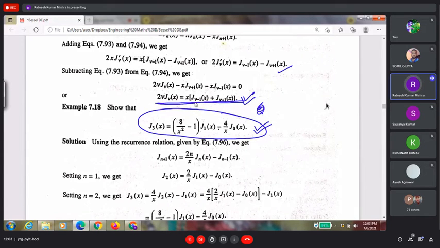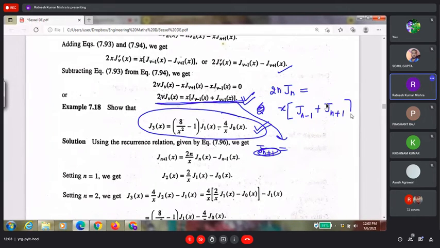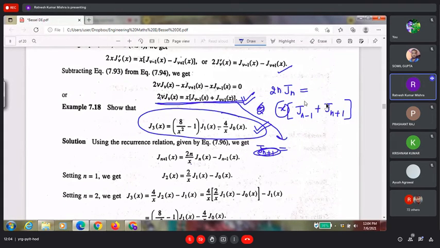Suppose v is integer n, so by this relation we can write J_(n+1) equals 2n by x J_n minus J_(n-1). Since 2n J_n equals x times J_(n-1) plus J_(n+1), divided by x, we get 2n by x J_n, and the J_(n-1) term goes to the left side, so this is J_(n+1).